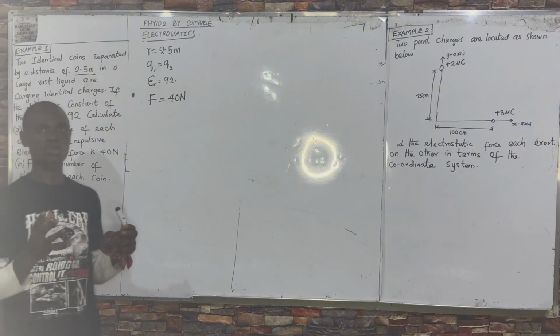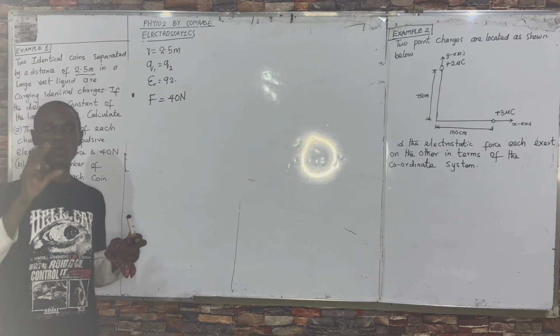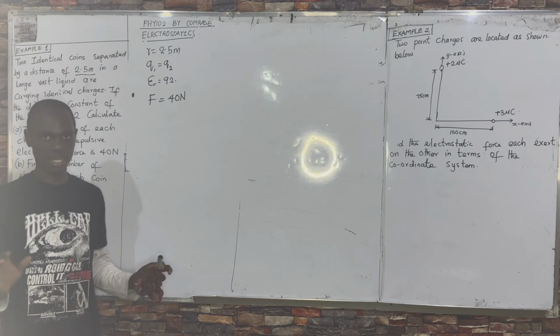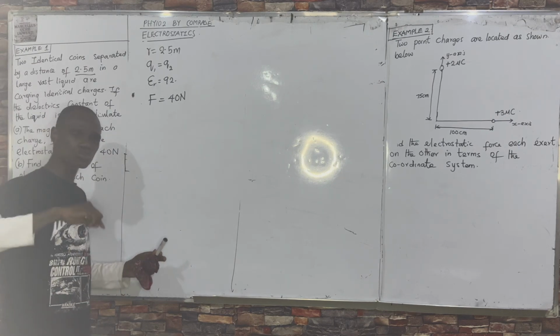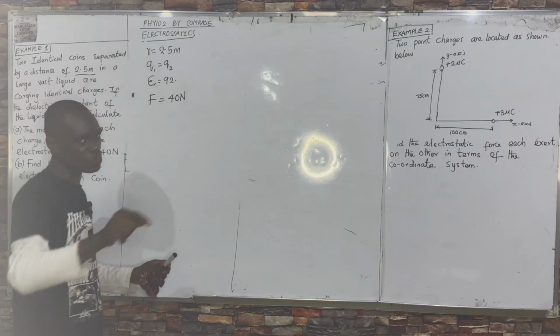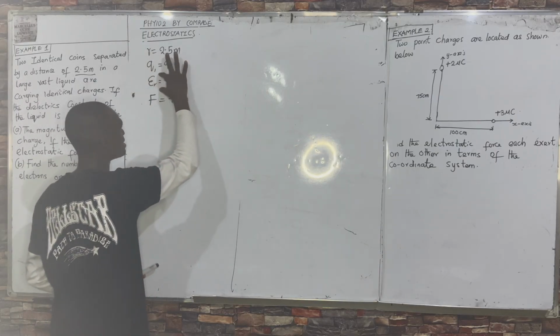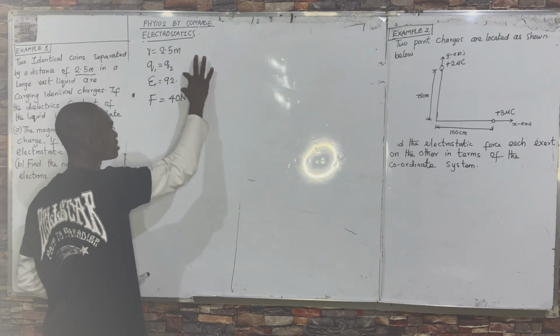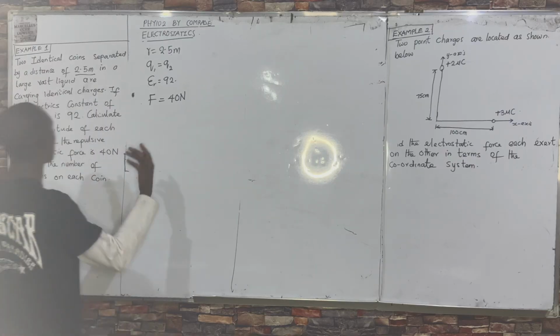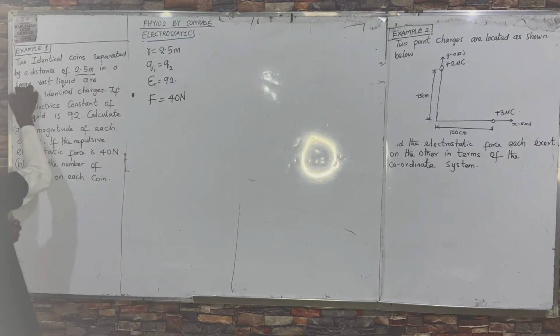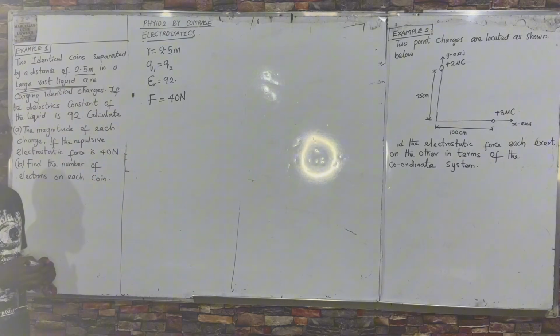According to Coulomb's law, if the medium of interaction is not air, remember, how do you know that the interacting medium is not air? Because of the presence of the dielectric constant or relative permittivity, or you were told in the question, a large vast liquid.